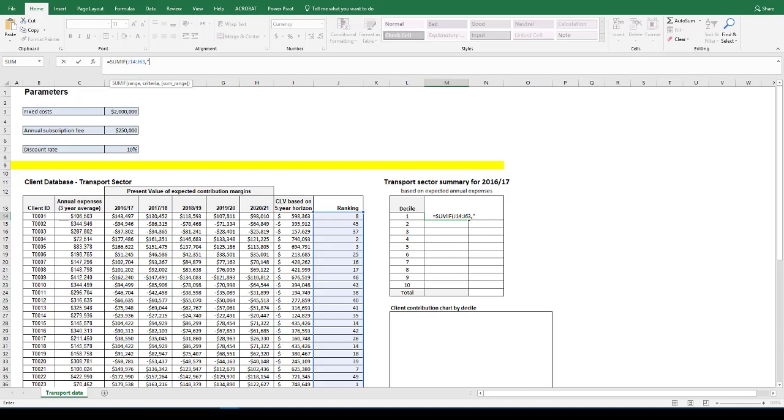Less than 6, that it accounts for 1, 2, 3, 4, and 5. Sum the contribution margin for the year 2017. So the criteria is here.